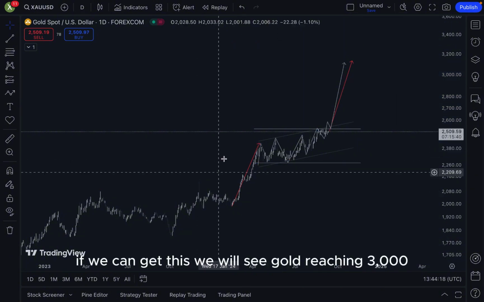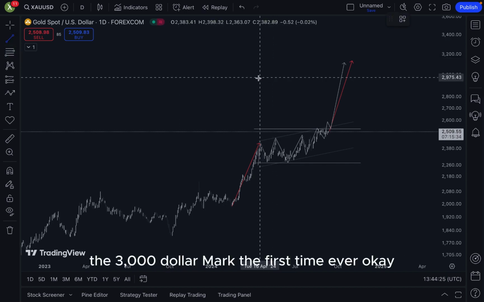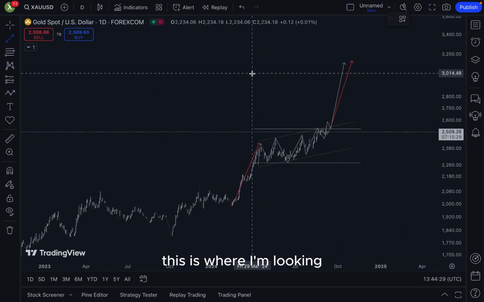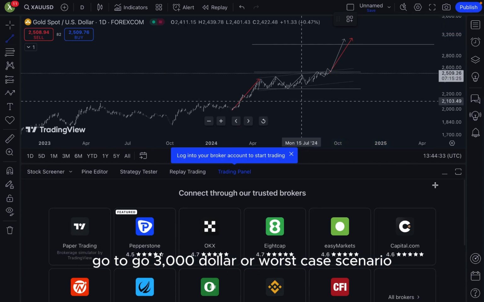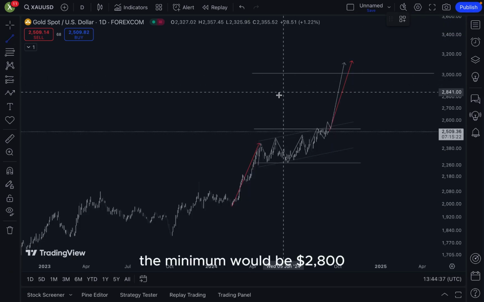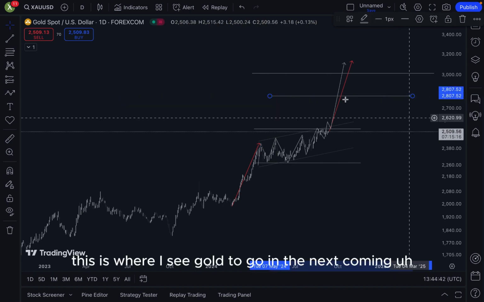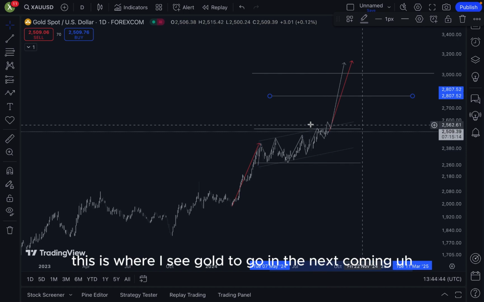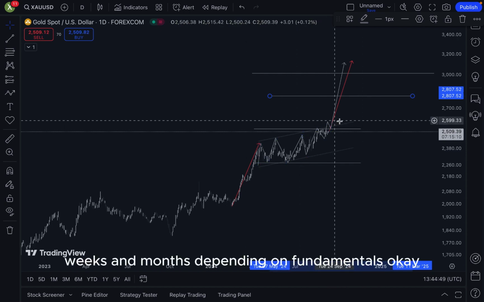If we get this, we will see gold reaching the $3,000 mark for the first time ever. Worst case scenario, the minimum would be $2,800. This is where I see gold going in the coming weeks and months, depending on fundamentals.